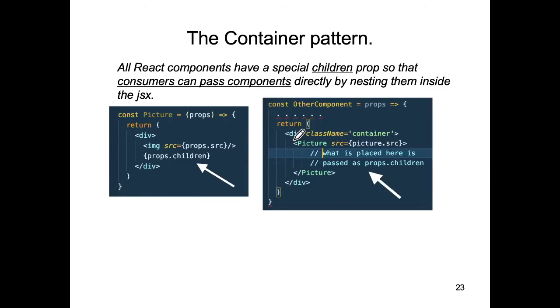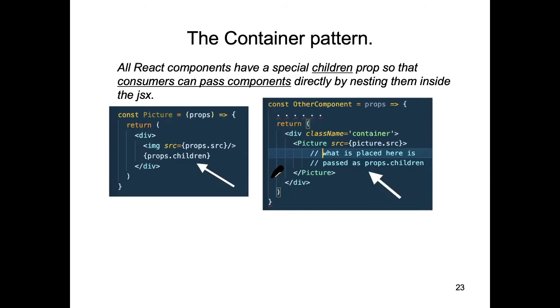But between the opening and closing picture tags, I can nest any JSX that I want in here. And this JSX as a unit will be bound to the children prop over here. So essentially, you can think of it as I'm passing this to my container component, and the container component will render it for me.